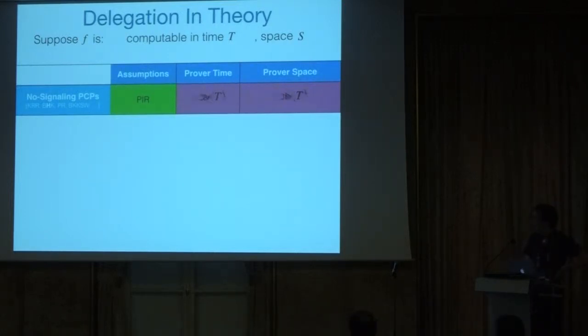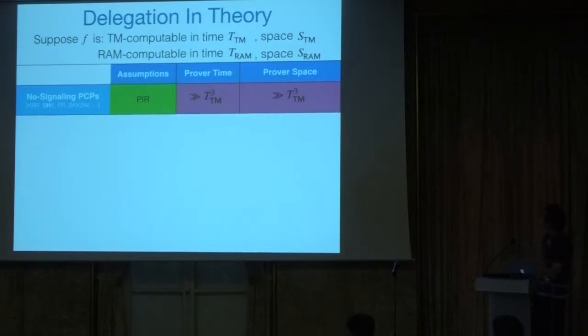But this polynomial overhead that they achieve is actually very bad. They didn't actually try to explicitly optimize the exponent, but it's at the very least 3. And moreover, this is with respect to the Turing machine running time to evaluate this function. Obviously, a slightly more realistic model would be a RAM model of computation.